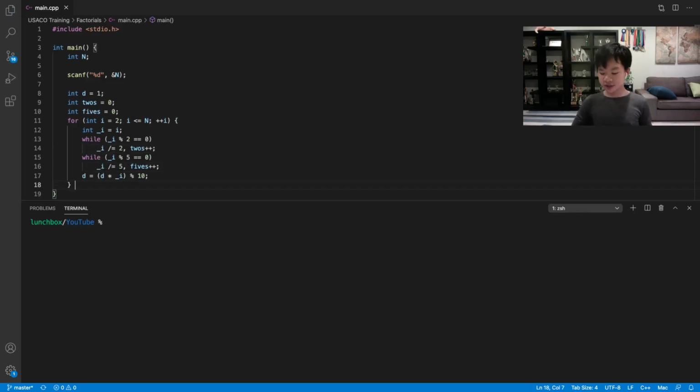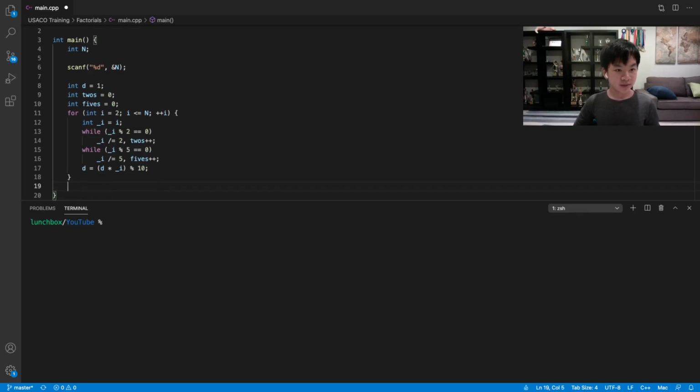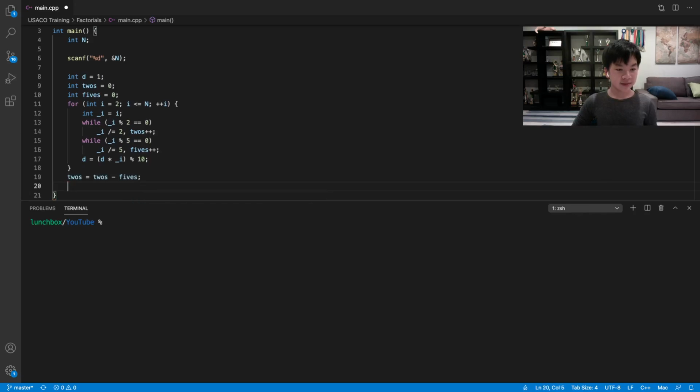So at the end, for example, in our case, we will result in a 3. So then we would remove all the 5's and the 2's, because as I said before, 10 is equal to 2 times 5, so we want to remove all the occurrences of 5's and the 2's. So then we can do 2's will be equal to 2's minus 5's.